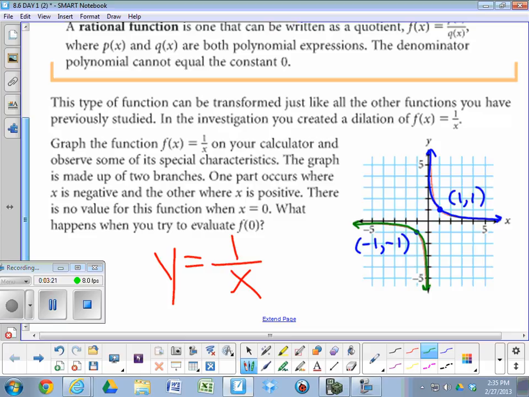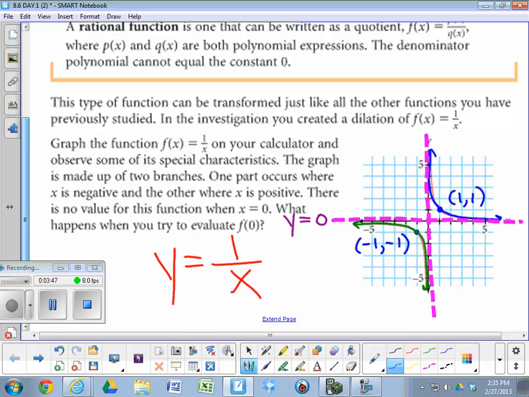Yes, the asymptotes would be the line y equals 0 and the line x equals 0. Those are the 2 asymptotes of the parent function. The horizontal asymptote is the line y equals 0.